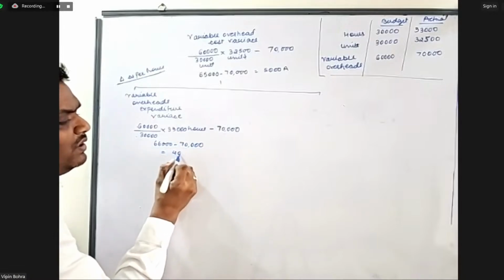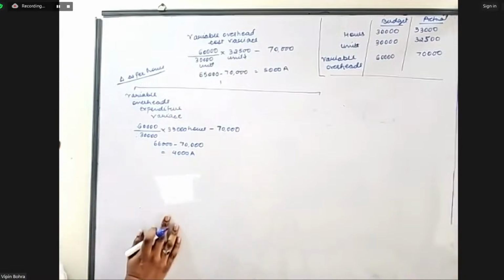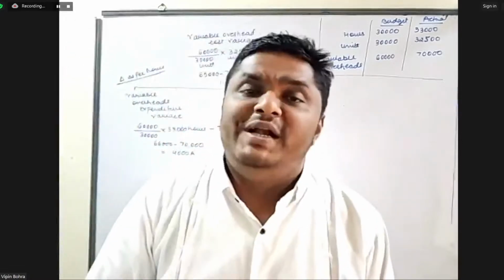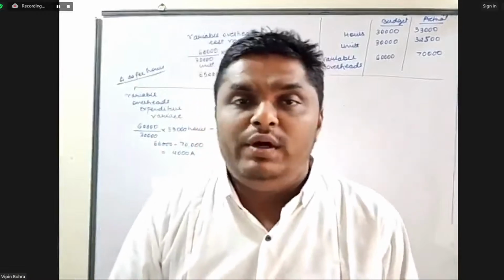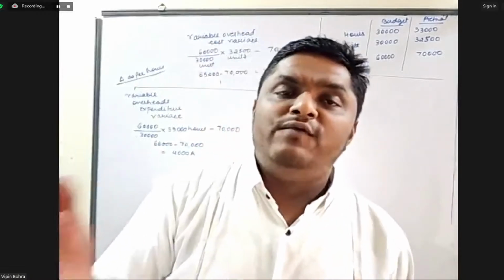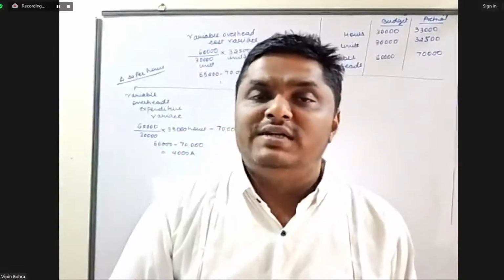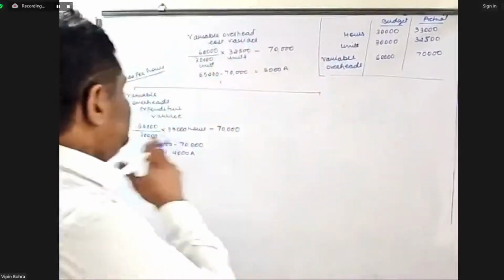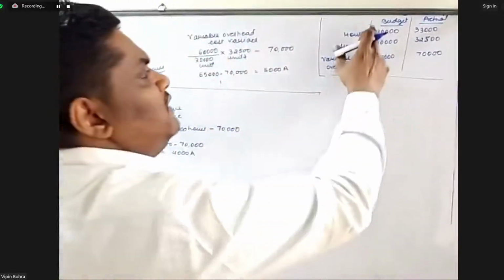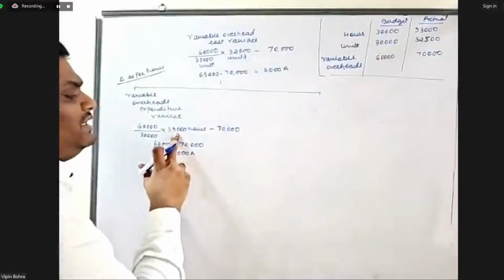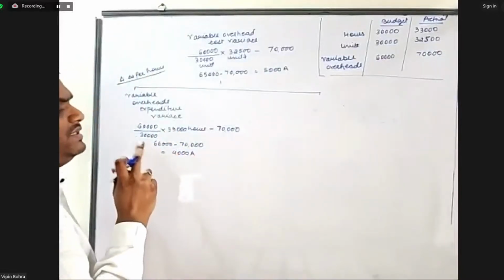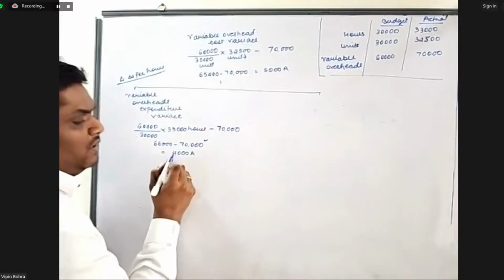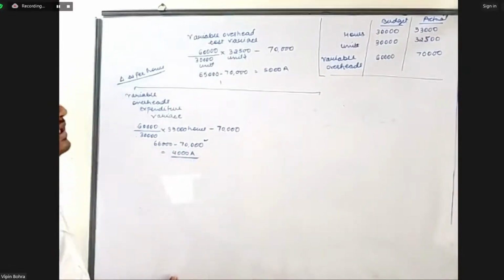So this will be 4,000 adverse. Fixed overhead expenditure variance we used to calculate directly. But herein we have to put the impact of the number of hours also because it keeps on changing as per hours. So for 33,000 hours, how much should be my overhead? 66,000. And the actual overheads are 70,000. So this is how I got 4,000 adverse.